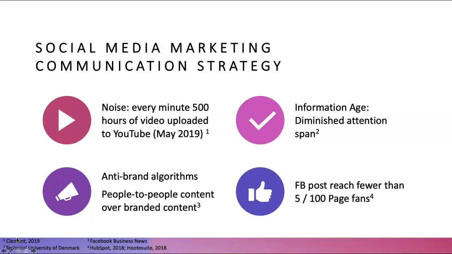So we have quite a few challenges being social media marketers today. One of those challenges is noise. If you think about the last minute that I've been speaking, over 500 hours of video have been uploaded to YouTube. So that's a huge amount of information that's constantly being added to the internet.